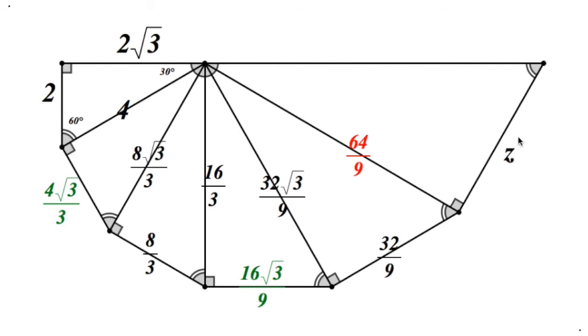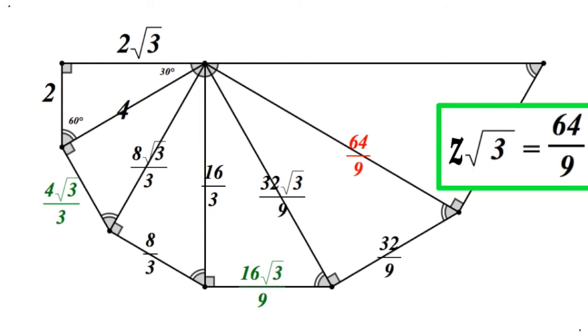And Z is the last length that we want. And Z is also the side across from the 30-degree angle. So we really need to figure out what Z is. And we know that if 64 over 9 is across from the 60-degree angle, that whatever Z is, that number times the square root of 3 gives us 64 over 9. So we can set up another equation where Z root 3 equals 64 over 9.